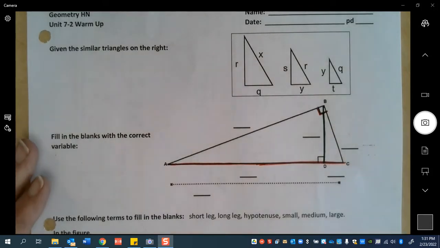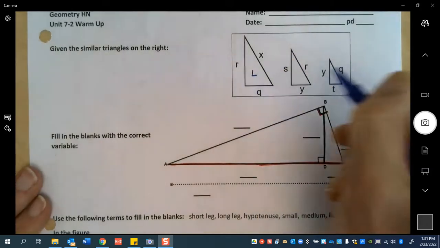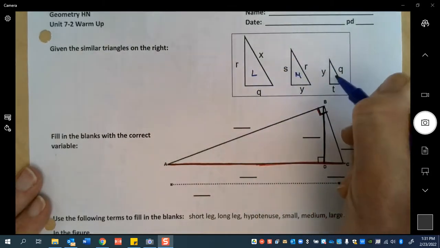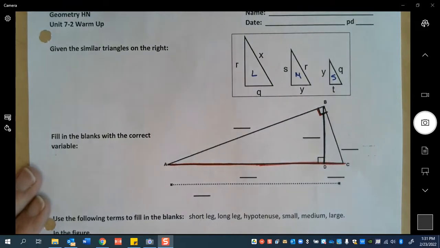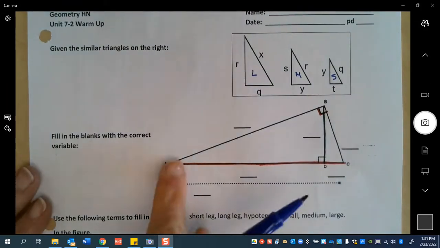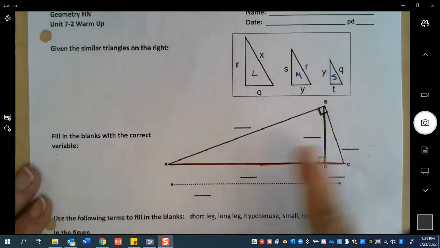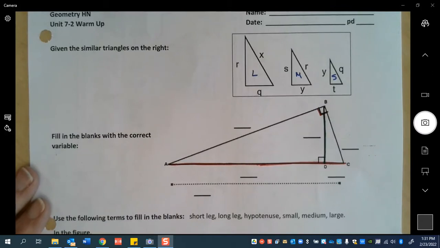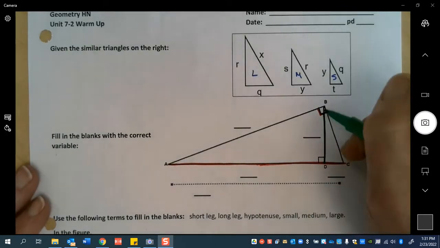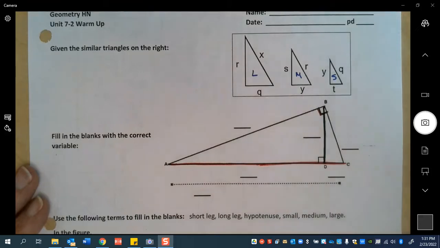I end up with three triangles. I have a large triangle, a medium triangle, and a small triangle. My large triangle is my original big guy. Here's my medium and here's my small. When I talk about that altitude to the hypotenuse, that altitude serves double duty.